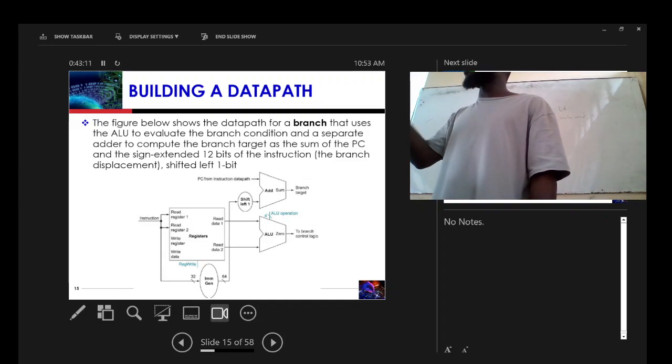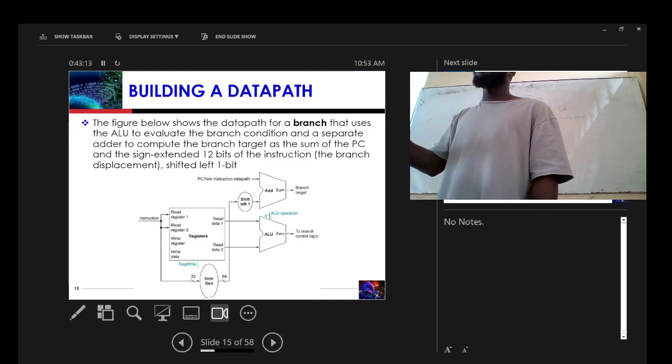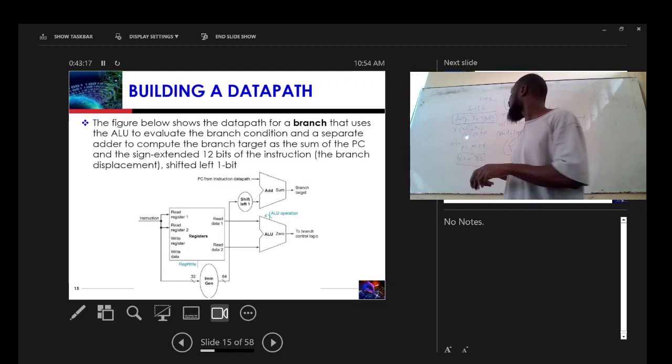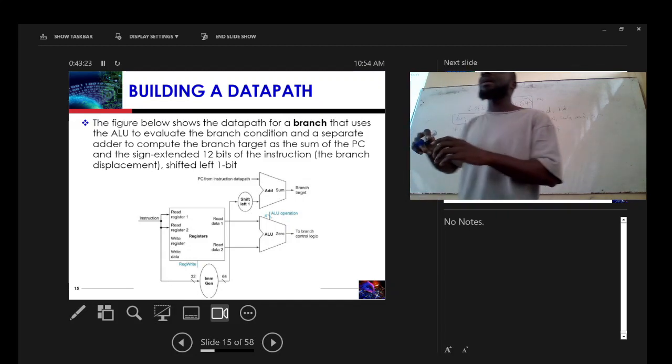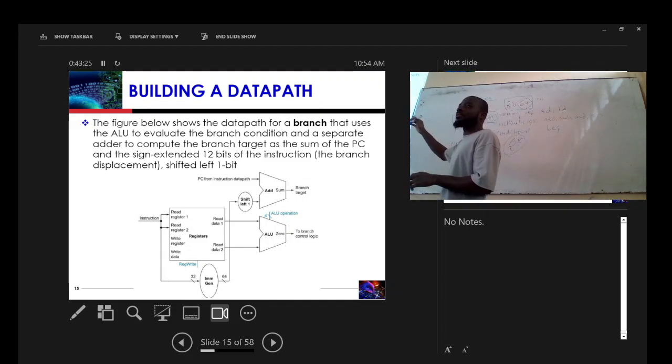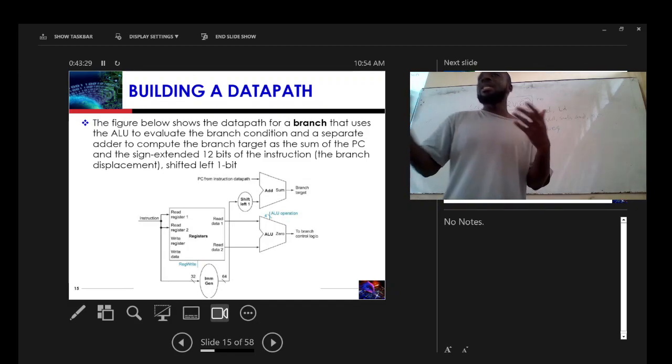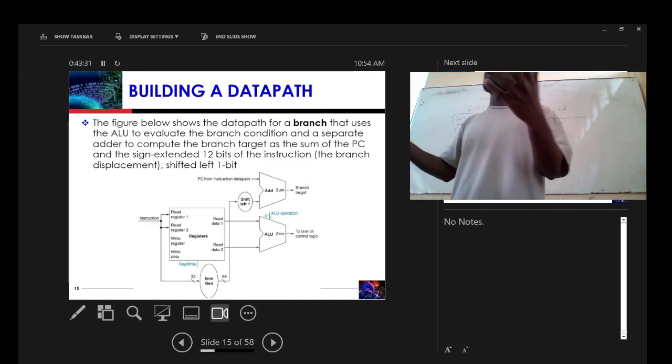But do you guys understand how it does it? Listen again. We have B equal x1, x2, 10, right? And then I said that what we are doing is that we are using the ALU to do subtraction. And if the subtraction results in a zero, it means that we can actually branch.